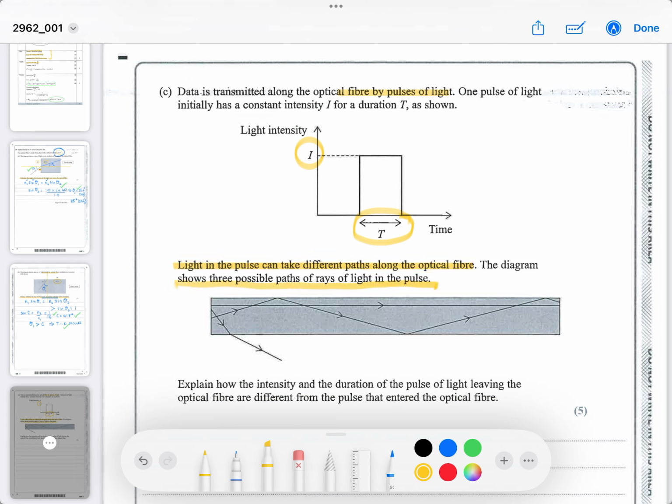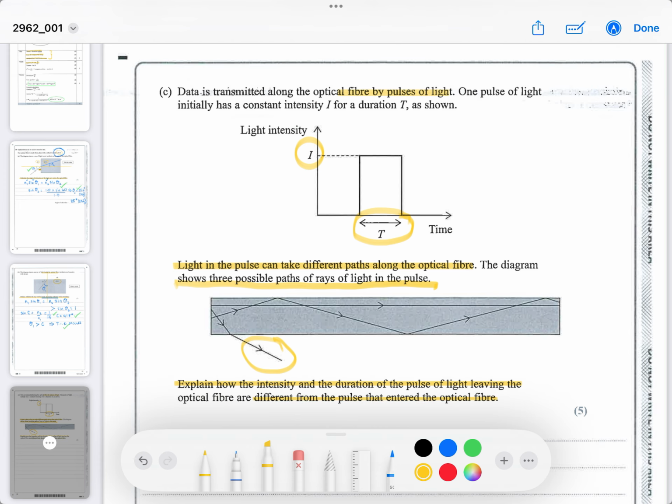You can see 1 is refracted and exiting the side of the fiber, 1 is going straight through, and 1 is zigzagging through. Explain how the intensity and duration of the pulse of light leaving the fiber are different from the pulse that entered the fiber.